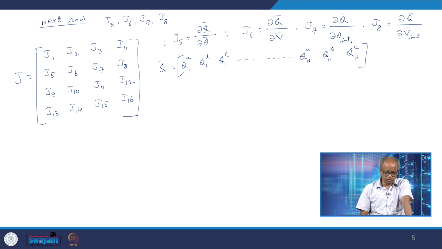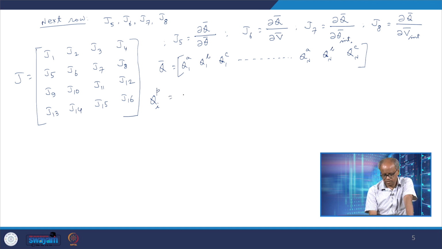Therefore the expressions of J5, J6, J7, J8 would be almost the same as the expressions of J1, J2, J3 and J4 respectively, with the change that instead of using PIP we have to use QIP. So what is the expression of QIP?